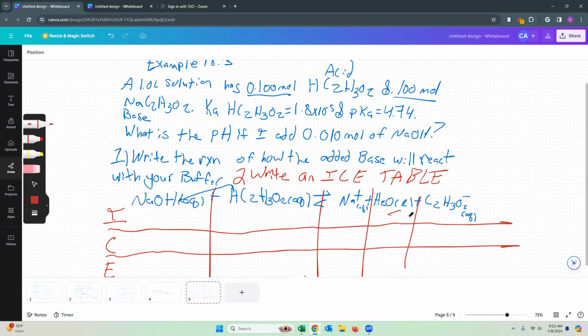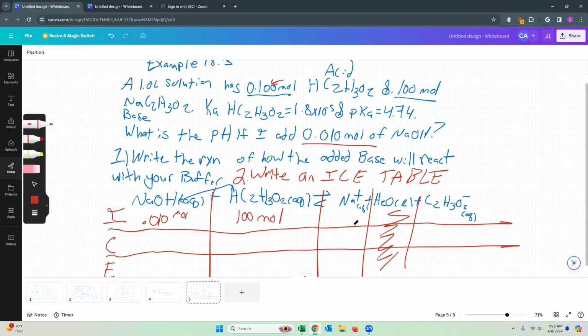All right, water is liquid, I don't care about you. Let's do initials. So I added 0.010 moles of NaOH. Initially, I have 0.100 moles of HC2H3O2. How about my initial sodium?